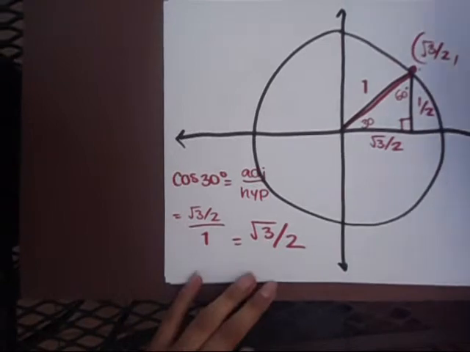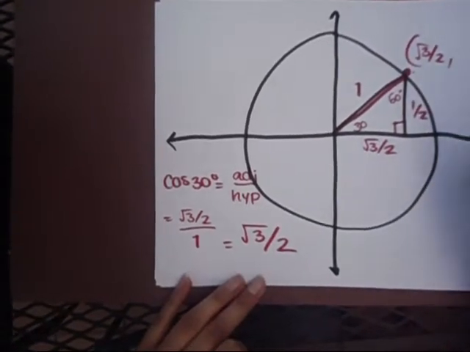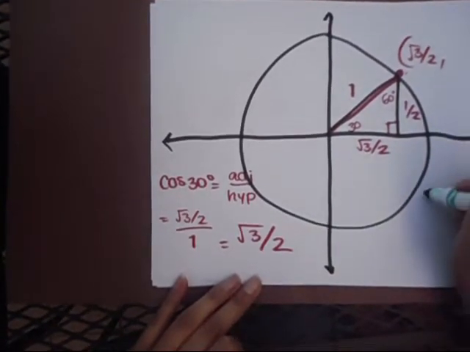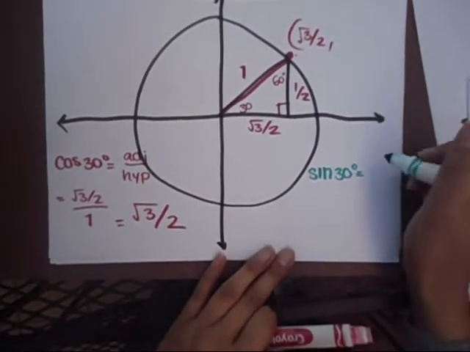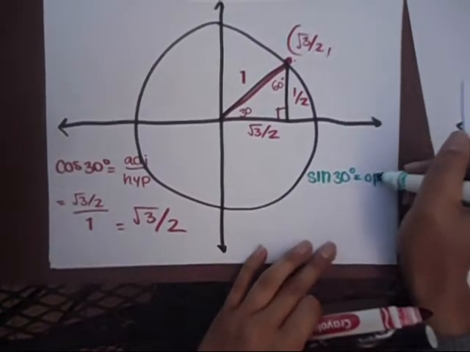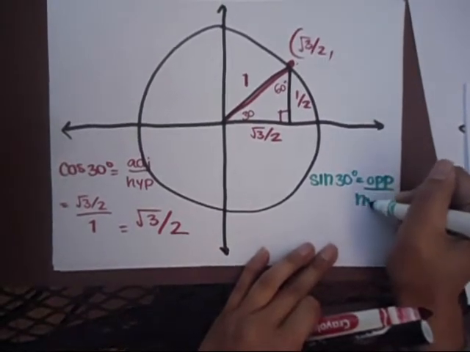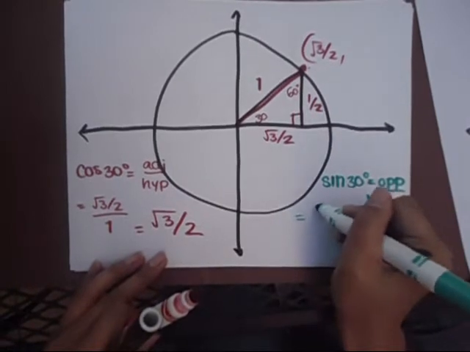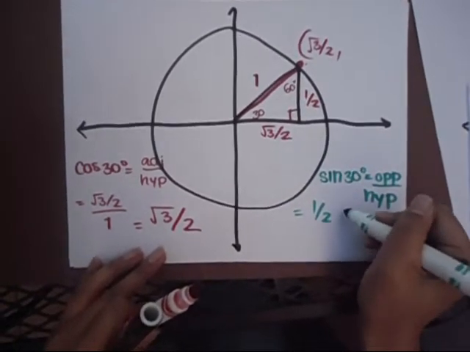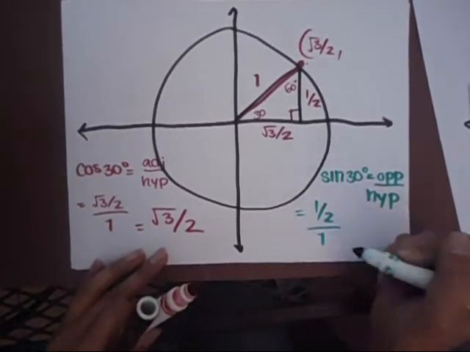Let's try to find the y coordinate, which is the sine. Sine of 30 degrees is going to be opposite over hypotenuse. That is 1/2 over the hypotenuse, which is 1.